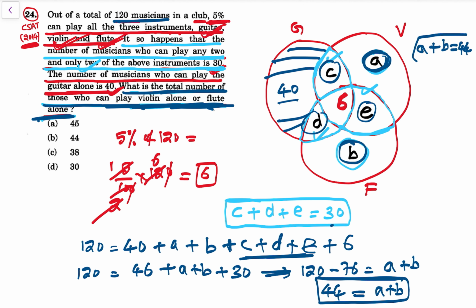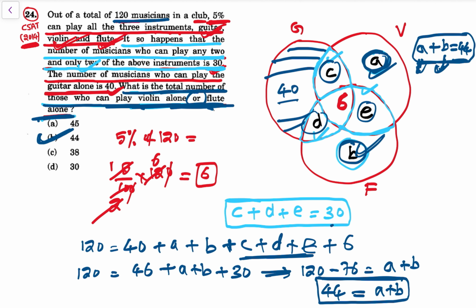It doesn't mean either flute or violin only; violin alone is something, flute alone is something, and together violin alone or flute alone would be 44, that is A plus B. So 44 is the answer.